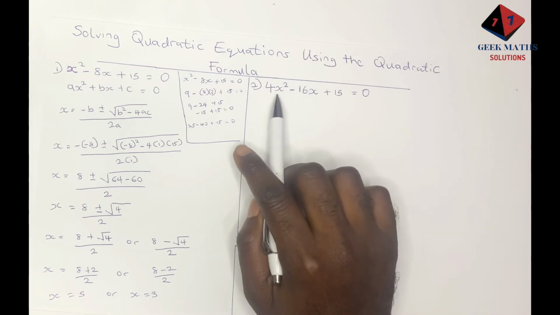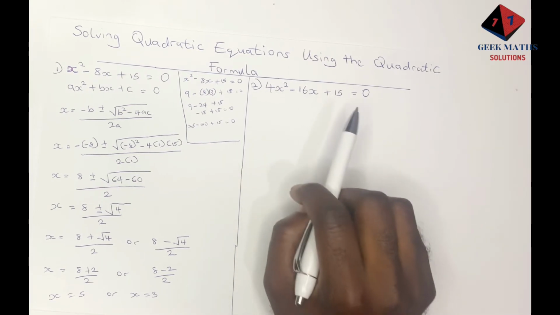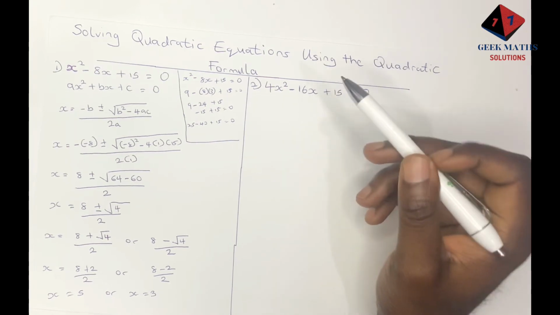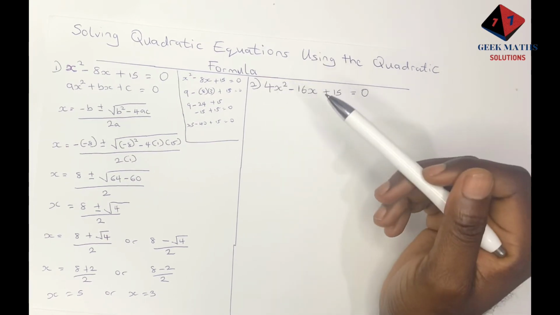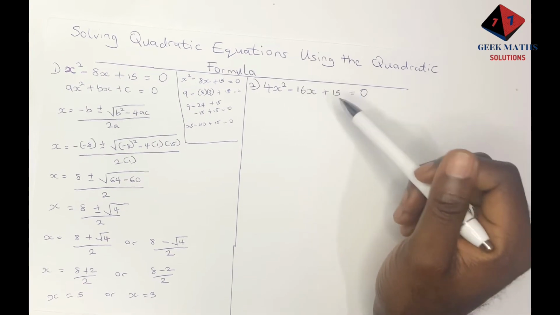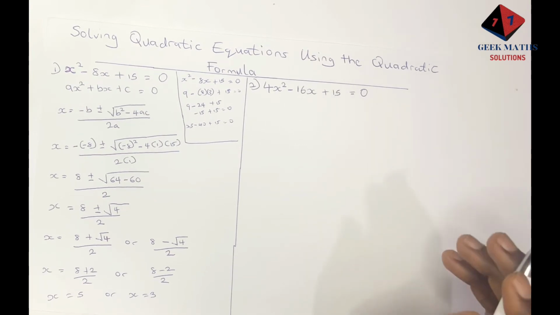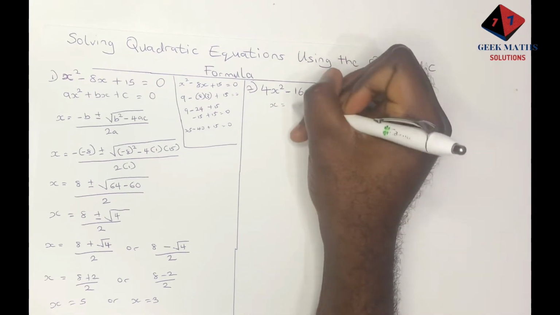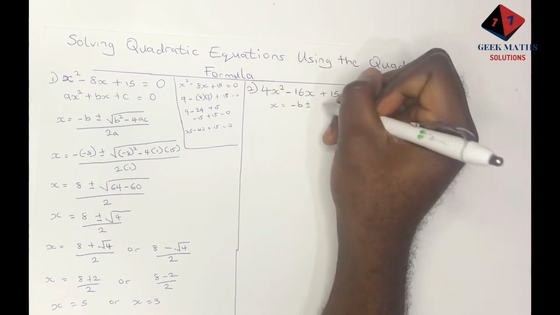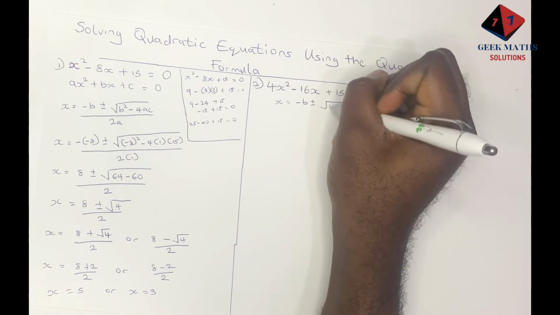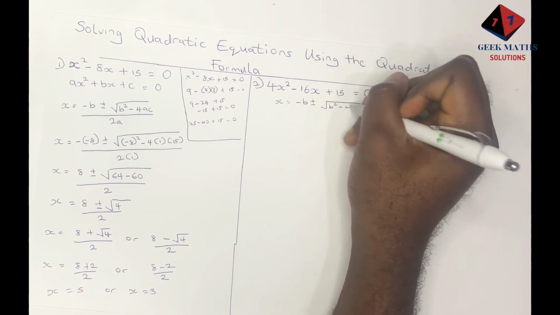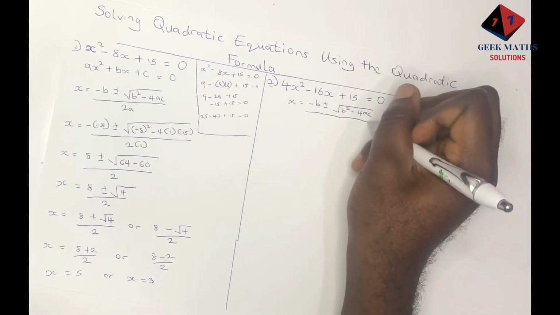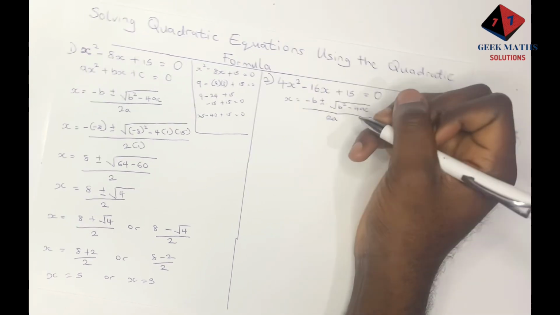So this equation is 4x squared minus 16x plus 15 is equal to 0. In this equation, a is 4, b is minus 16, and c is 15. Remember the quadratic formula we mentioned earlier, which is x is equal to minus b plus or minus the square root of b squared minus 4ac all over 2a.